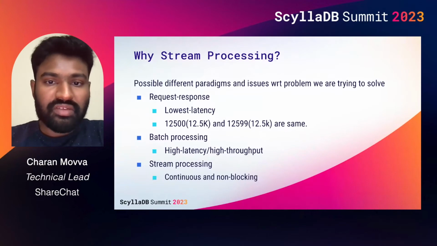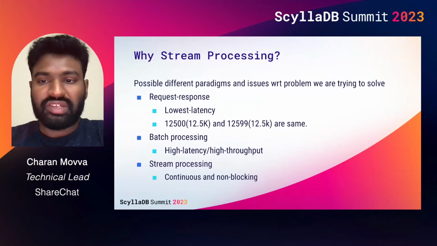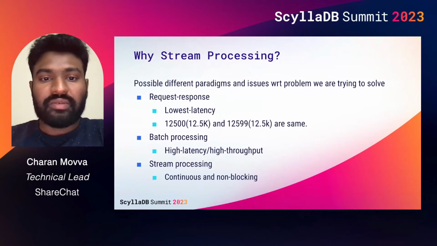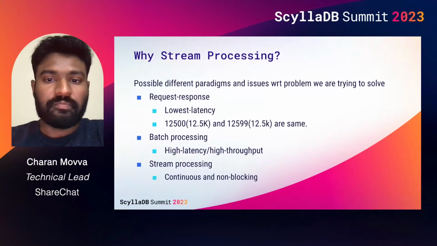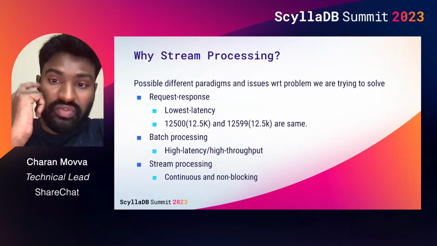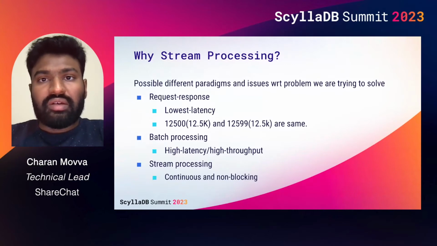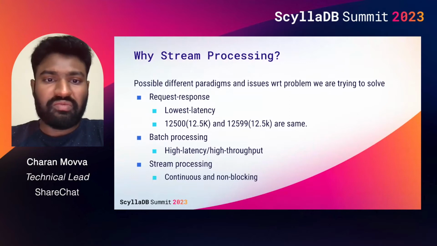Then comes batch processing. It is the high throughput option. Here we set up a process which runs at a certain interval and executes on the data that has been available since the last execution. This comes with a different set of problems for us. Given that we run this process every certain interval, we will have some stale data for early engagement.